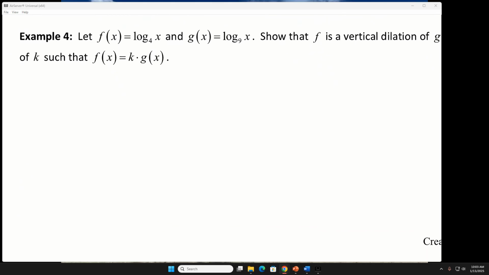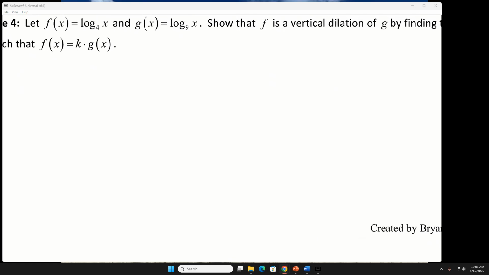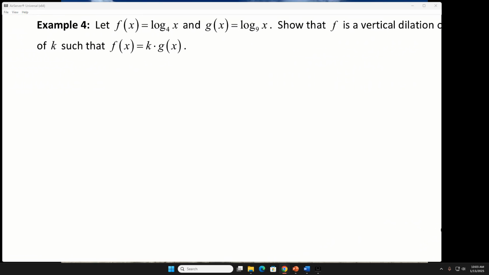Okay, and then for example 4. This one is a challenging question. So we know that f is log base 4 of x, and we know g is log base 9 of x. We want to show that f is a vertical dilation by finding the value k such that we could take k, multiply it by g, and it gives you f. All right, so this is what I'm going to do. I know f of x is log base 4 of x. We want to change it so it is similar to g, which is log base 9 of x. So I want to change the base to 9.